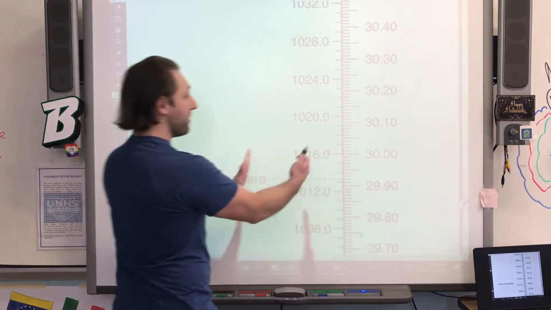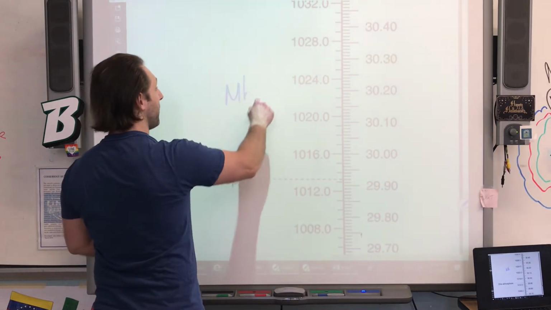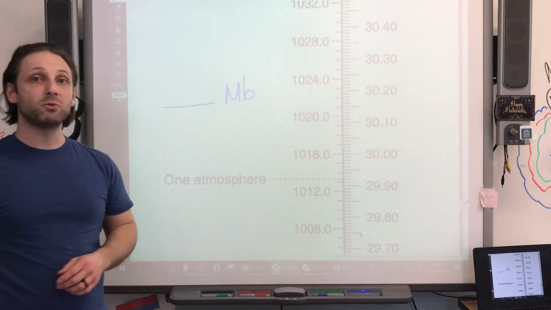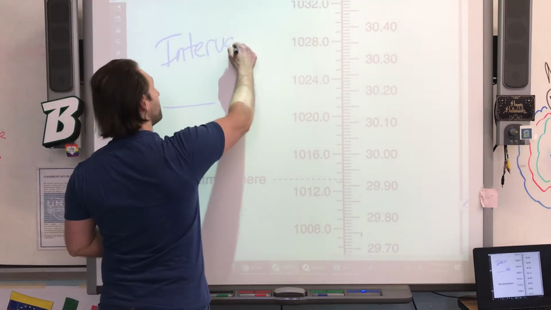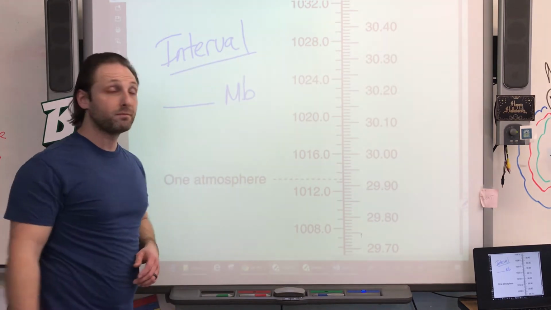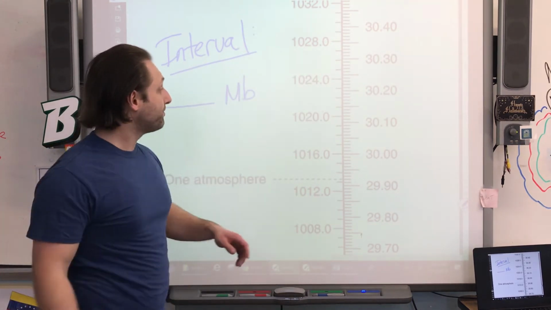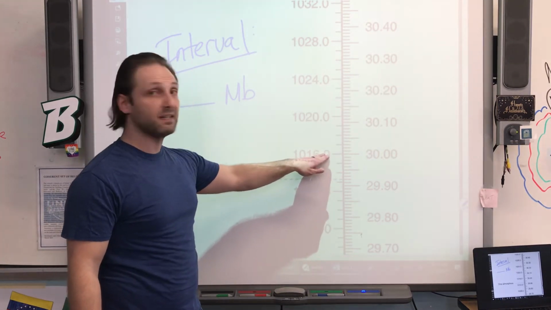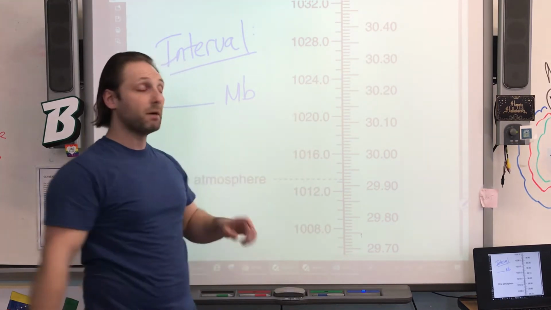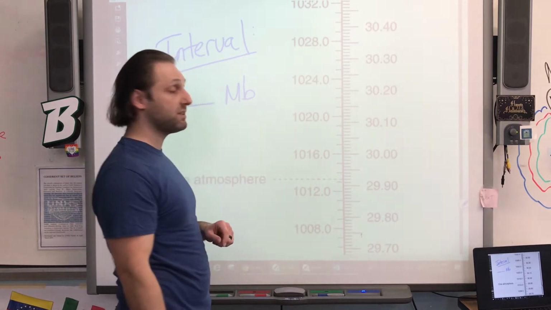So let's zoom in even further here so we can determine what the interval is in this scale. So on the left side, we have millibars. We're going to try to figure out how much we're counting up by. So it's a good idea maybe to indicate that we are solving for the interval right now. Okay? Now, we have 1012, 1016. You can pick any 2 you want, but we have 1012, 1016.